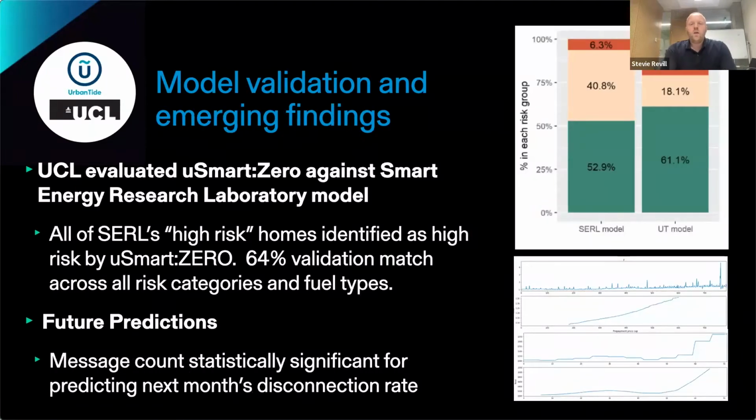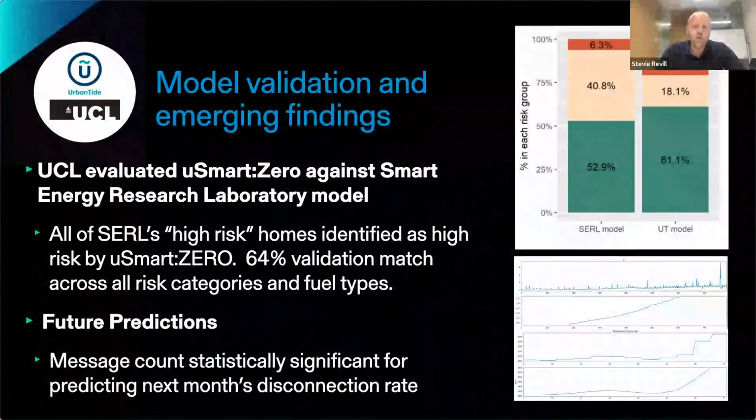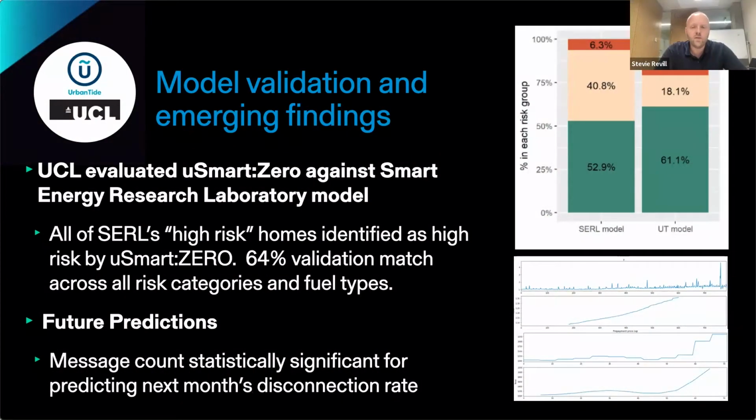Thank you. So obviously that's kind of an assumption that you make, and then you want that validated. So as part of the project, UCL and their Smart Energy Research Laboratory have got high quality data for individual households and householders and their fuel poverty situation. In the high risk area where SERL identified high risk households, we identified all of those high risk households as well, and we also identified more of them.